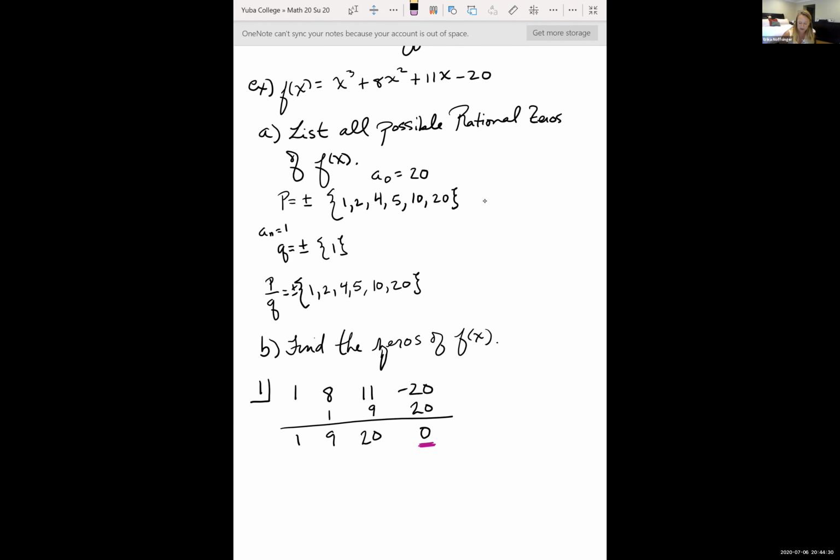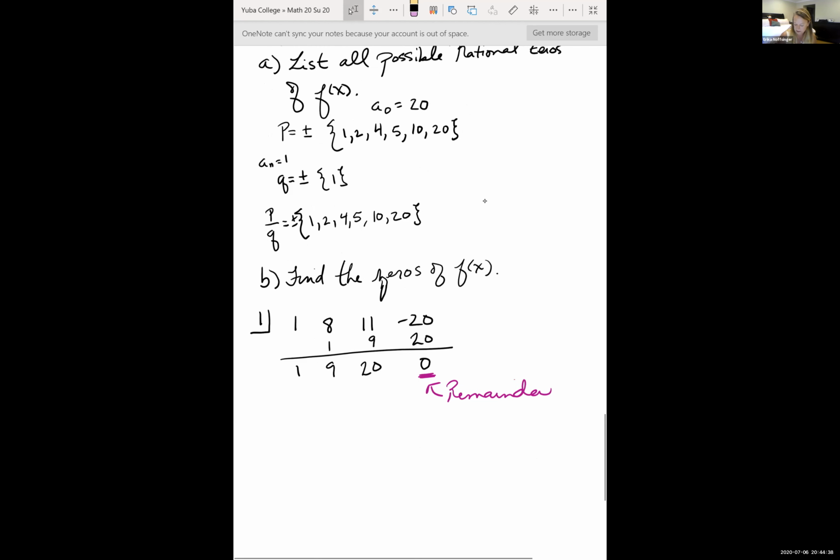So we have a remainder of 0, and that tells me that 1 is a 0, but it also tells me what a factor is.